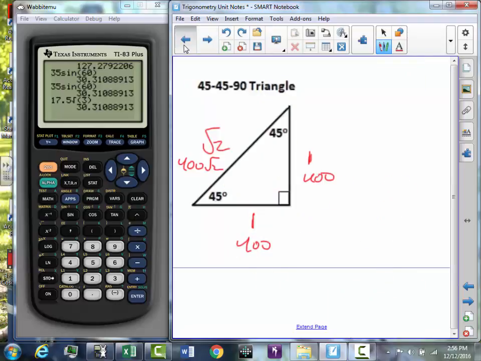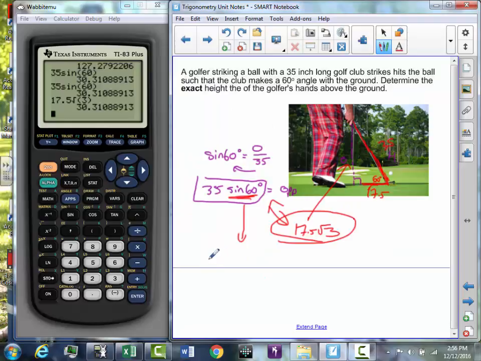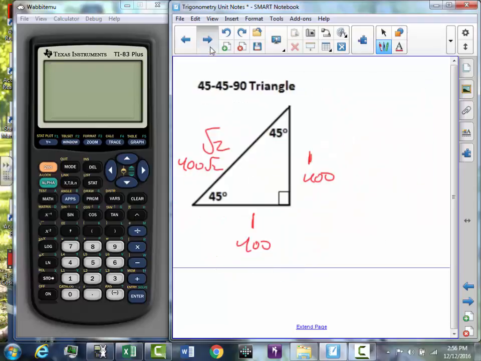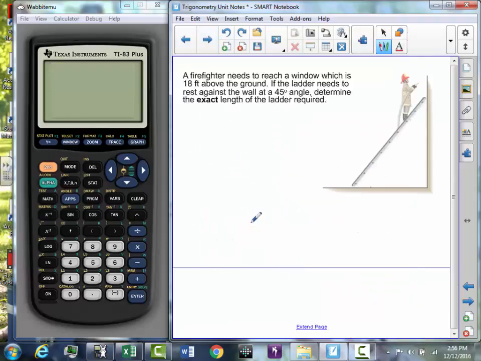So rather than writing sine of 60, I'll say it's 35 root 3 over 2. 35 divided by 2, 17.5. So it's actually really easy. It doesn't really require a whole lot of extra work. My goal here is to teach you how to work with numbers that are non-rounded. Okay, let's try another example.